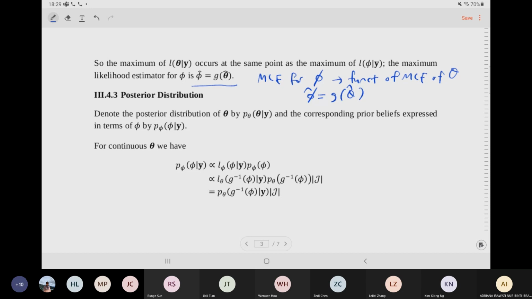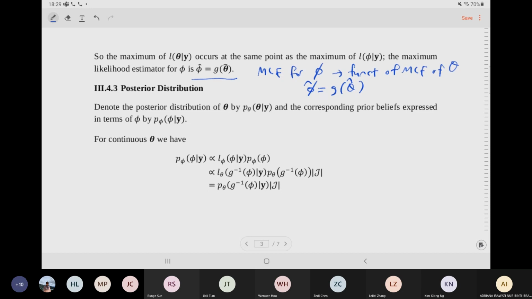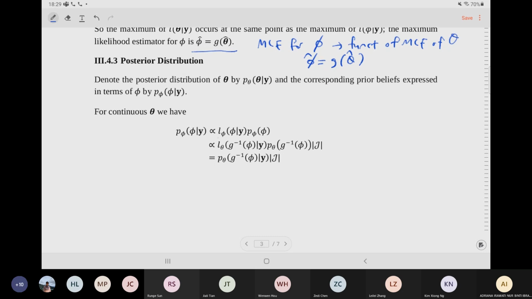Right? So then, if we combine the prior and the likelihood, we have the posterior. Then the posterior for phi is just the likelihood for phi multiplied by the prior for phi, right? So you have the likelihood, which is a function of phi.